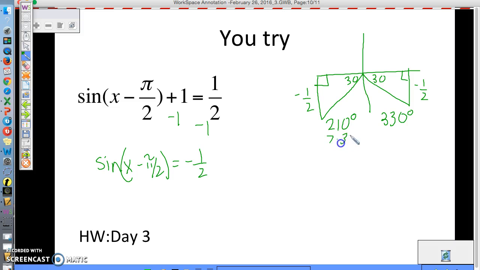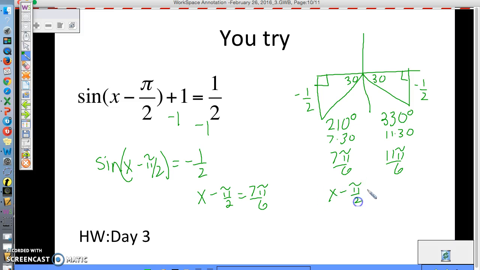So this is 7 times 30 and 11 times 30. So we got 7 pi over 6, 11 pi over 6. So you have x minus pi over 2 equals 7 pi over 6. And x minus pi over 2 equals 11 pi over 6. This is the part you guys might not like. These fractions, common denominators, well, 6. Well, if this was with 6, this would be 3 pi over 6.